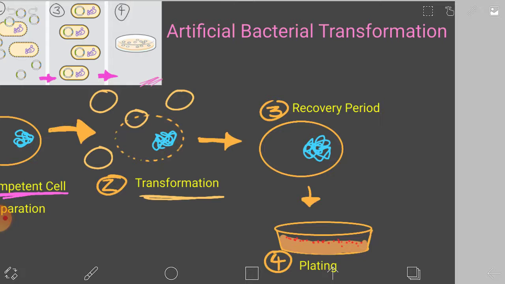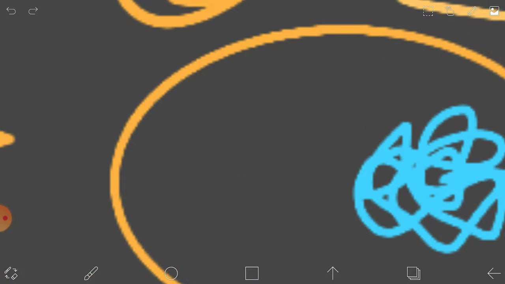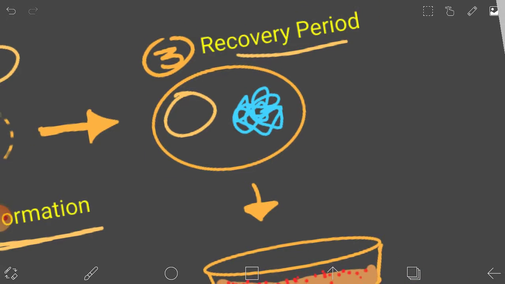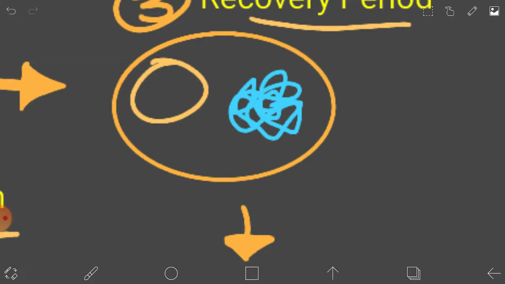Did that sentence make sense to you guys? I'm guessing it didn't. Well, the recovery period, the plasmid is now inside. The bacteria is most likely closed. I haven't really seen any comments on that from the articles or videos.